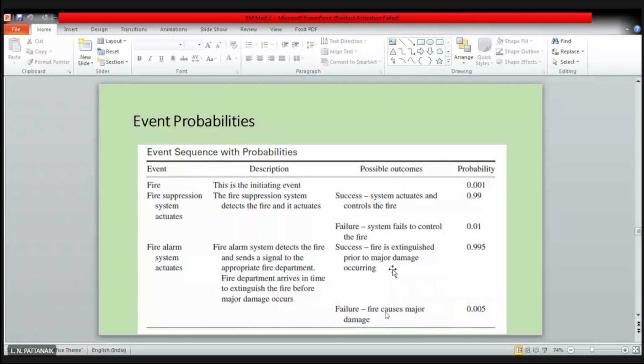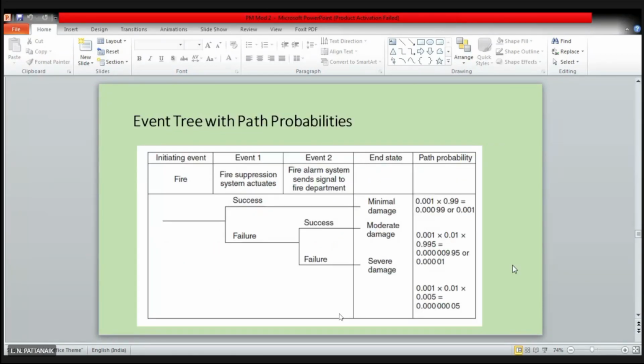Its probability of success is 0.995 and its failure is 0.005. Again, getting these values is a very big challenge and task. But somehow you got them through your experience, case studies, experimentation, or some other means. It is a very costly affair, but if you got it, then you can do the rest of the analysis.